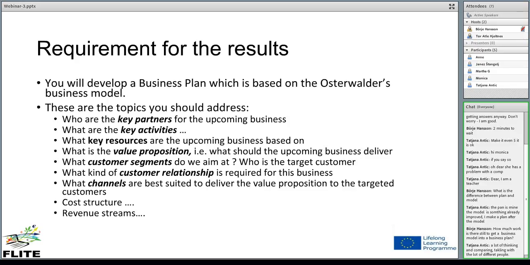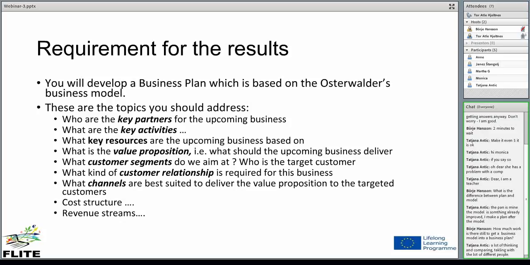what are the key activities to make this business idea or product work or sell. What are the key resources that we need? What is the value proposition, what we're going to offer to the customer? What customer segments do we aim at? What kind of customer relationship is required?